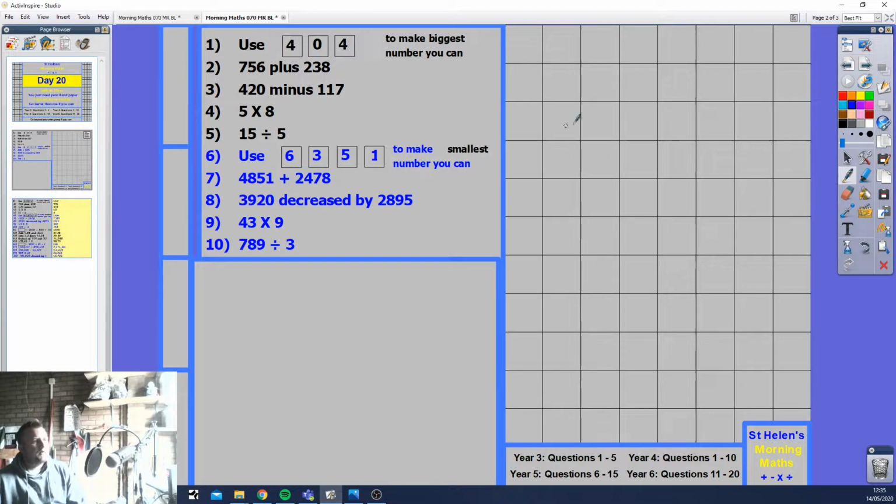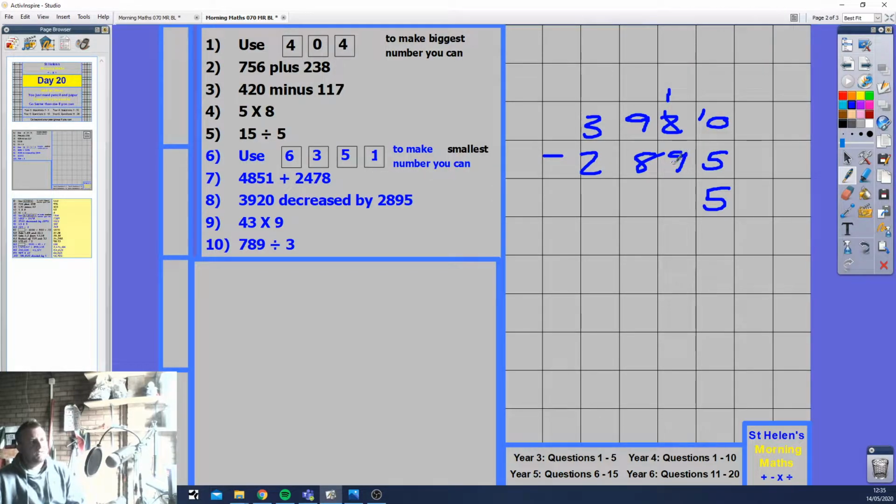Okay, and we've got 3920. Let's pretend that's money, and it's been decreased. So you're going to have less money if you decreased your money by 2,895. So we're going to minus 2,895. Okay, 0 minus 5. We can't do 0 minus 5, so we need to borrow from this one over here to make that 10 minus 5. We borrow from that 10 to make this 10. 10 minus 5 is 5. 1 minus 9.